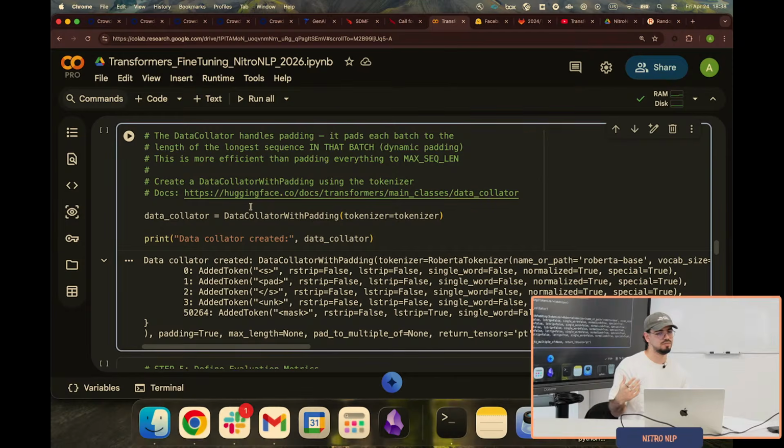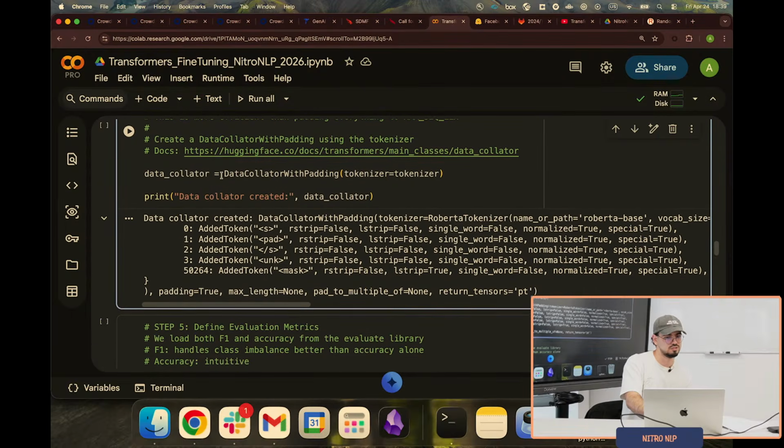So basically, if my batch is 16 sentences and all of them are small sentences, 20, 30, 40, 20, 30 characters, it's going to pad all of them to the biggest length in the batch, not 128. So we're not going to have a lot of empty and unnecessary tokens up to 128 if the largest sentence in the batch is not 128 characters.